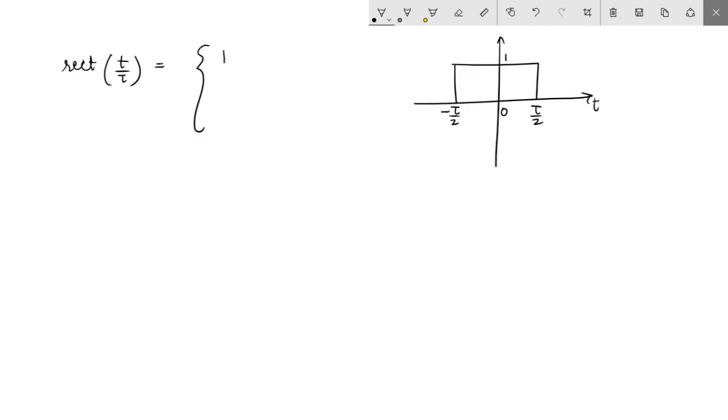So its value is 1 for mod t less than tau by 2. Its value is 0 for mod t greater than tau by 2. But at t equal to tau by 2, its value is the average between whatever was the value before and after. So its value is half at t equal to tau by 2. This is how typically a rect function is defined.